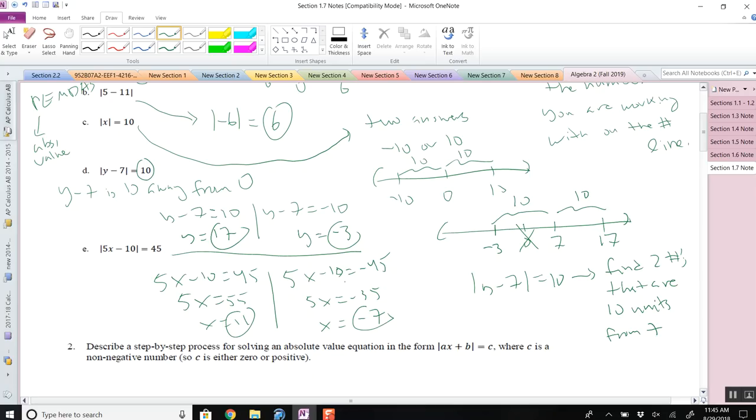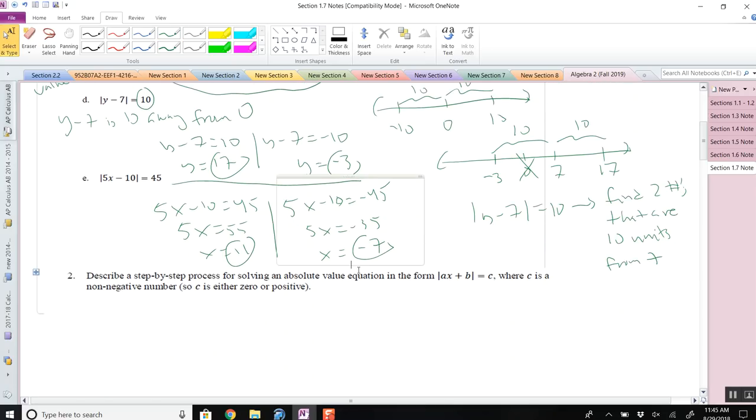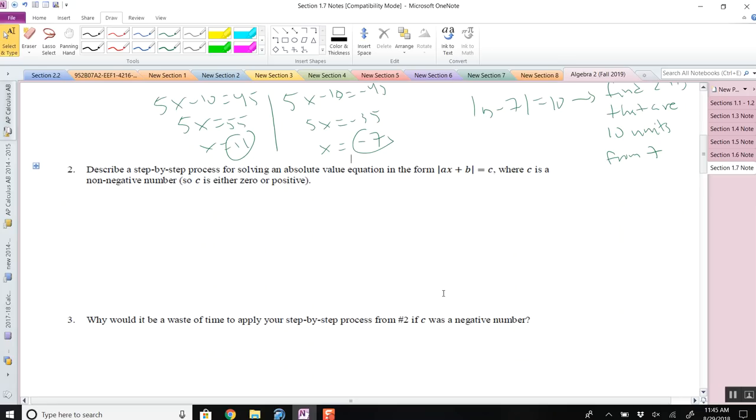So the step-by-step process, when you're actually solving that absolute value equation, we're going to do in number 2. C could either be 0 or positive. So what you first want to do is separate into two equations.